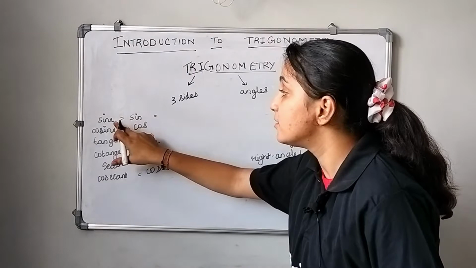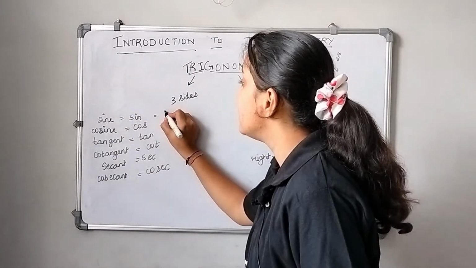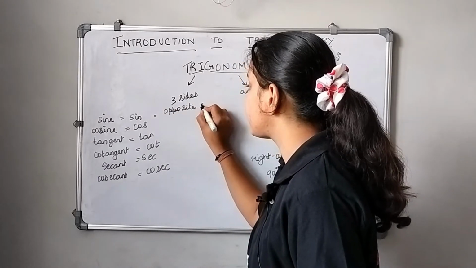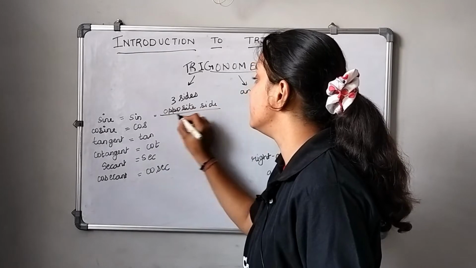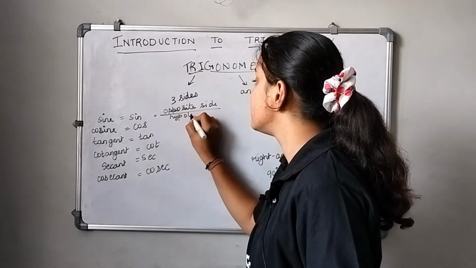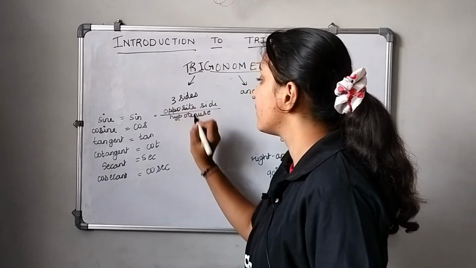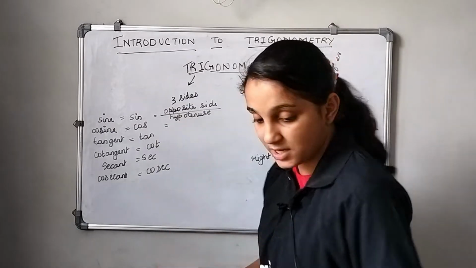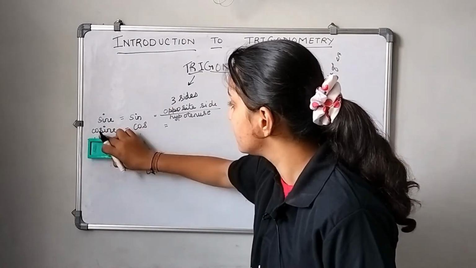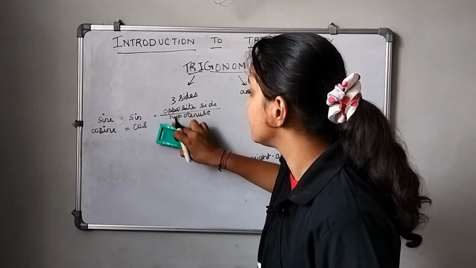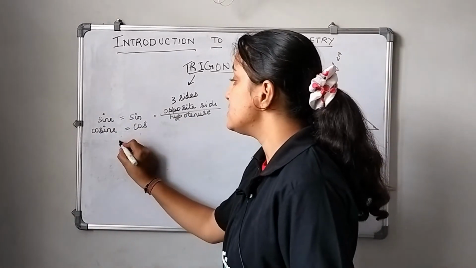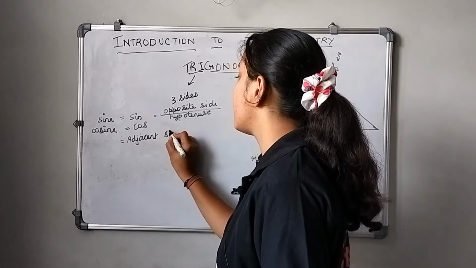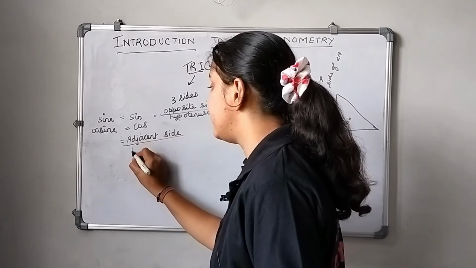Now, what is the definition of sine? The definition is opposite side upon hypotenuse. Then cos is adjacent side upon hypotenuse.